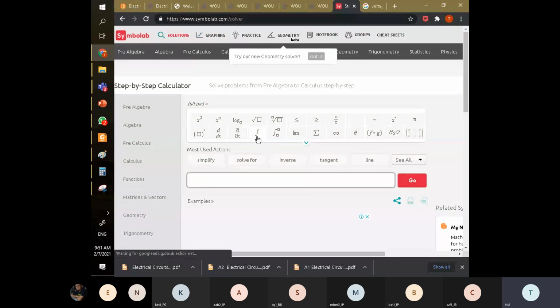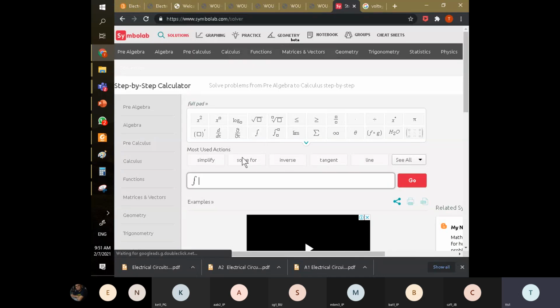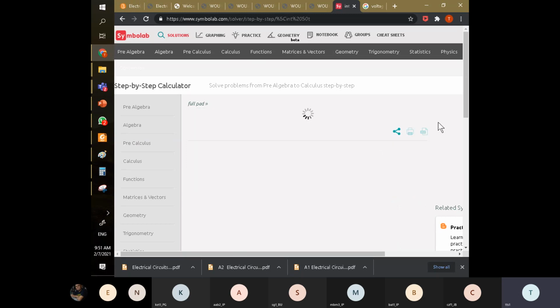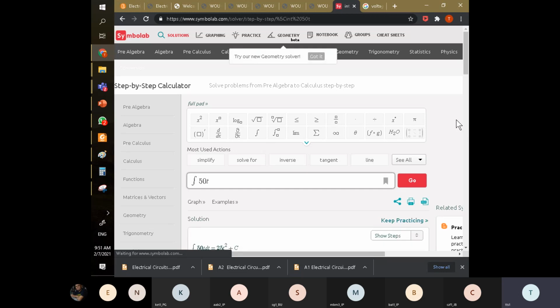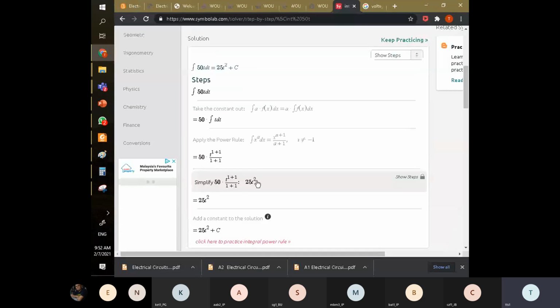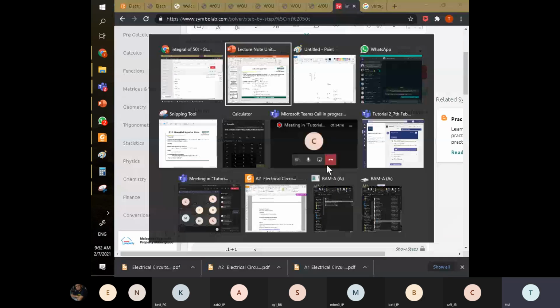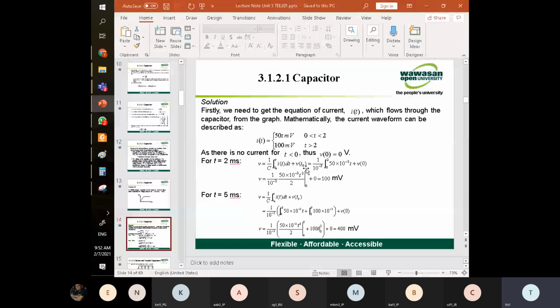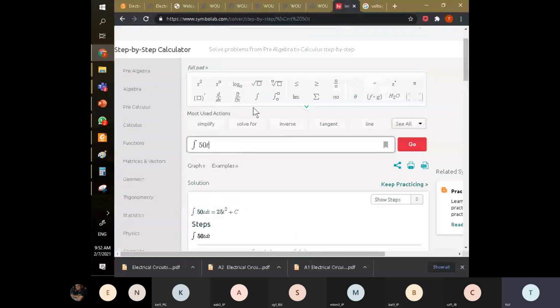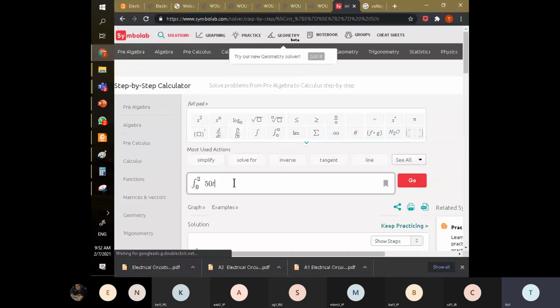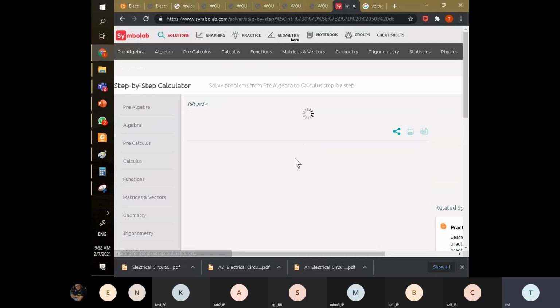Let me show you. You can use something like the integration of 50t, from 0 to 2, dt.